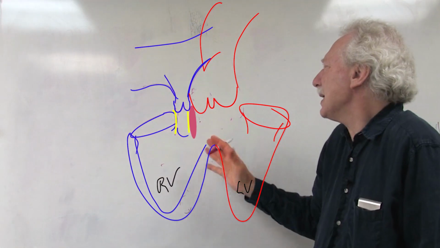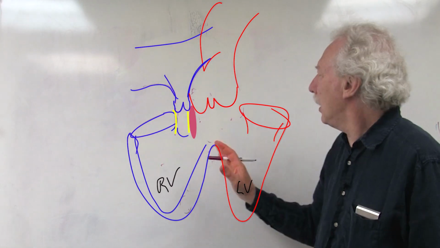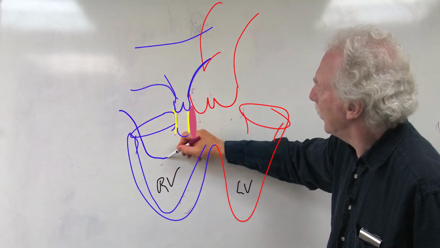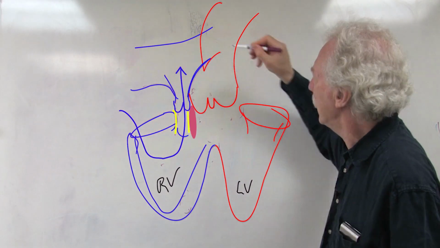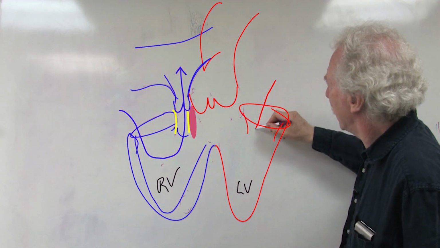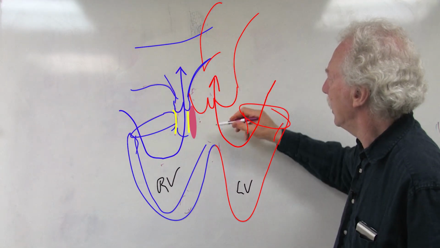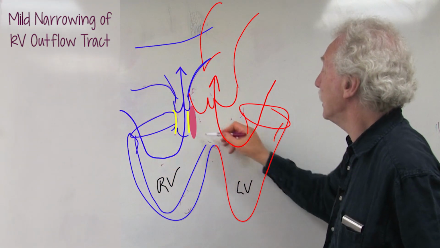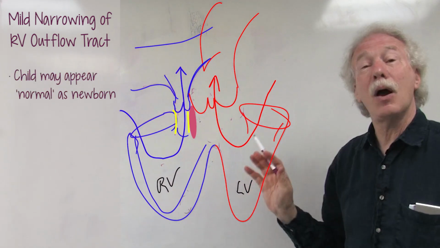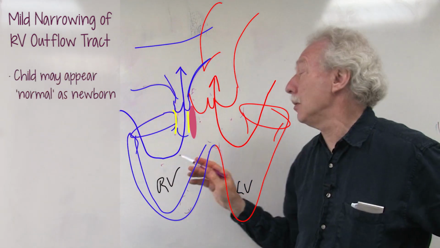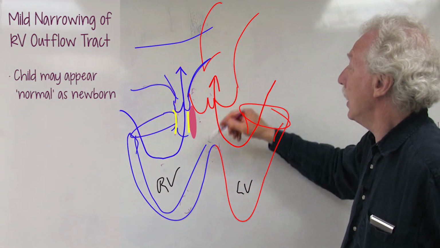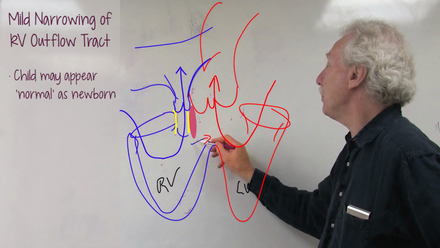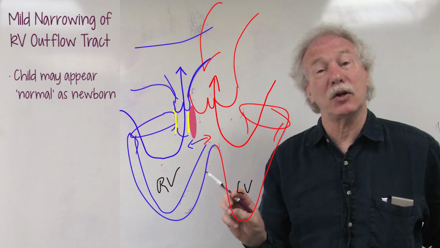then at birth, what's this kid going to be like? Well, right ventricular blood is going to come in from the right atrium and go to the pulmonary artery. Left ventricular blood is going to come in from the left atrium and go to the aorta. And if blood is staying on its own side, then this kid may look normal as a newborn because there is pink blood going to the aorta, there's blue blood going off to the pulmonary arteries, and there may not be much shunting in either direction.